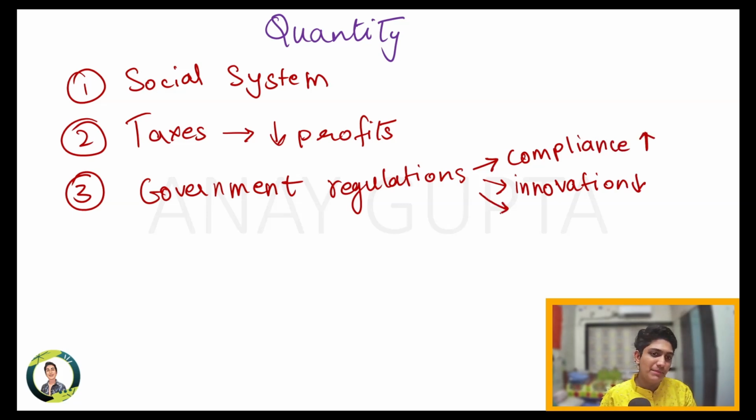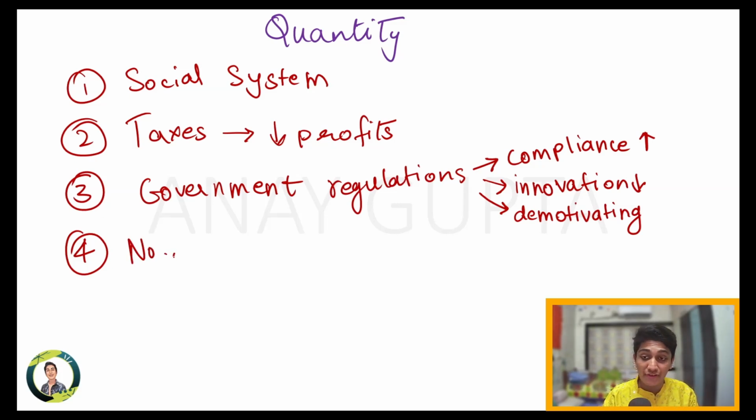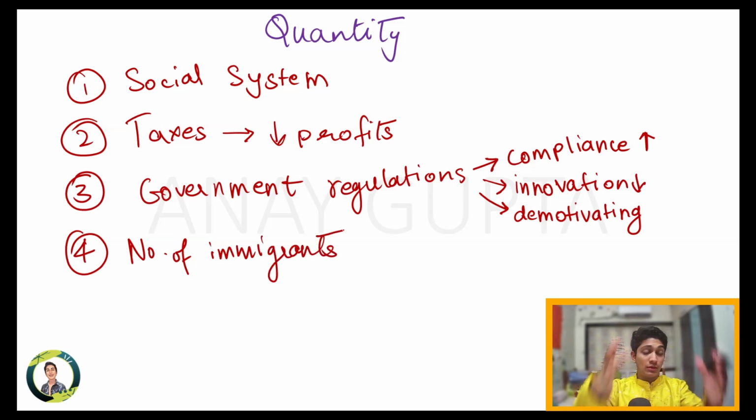And that is basically a demotivating factor if there are too many regulations I need to adhere to. After that, there's also the number of immigrants. For instance, people migrating from India to the US, becoming CEOs over there, starting their own businesses over there.